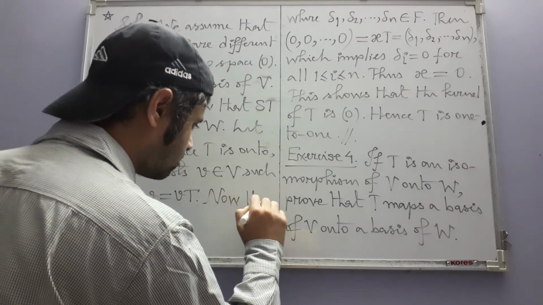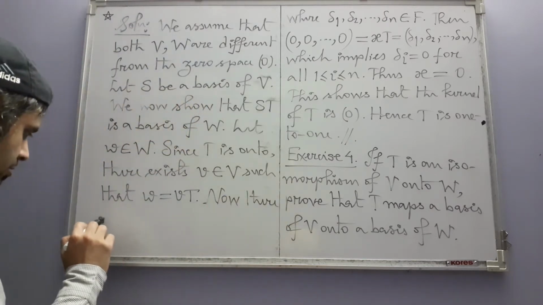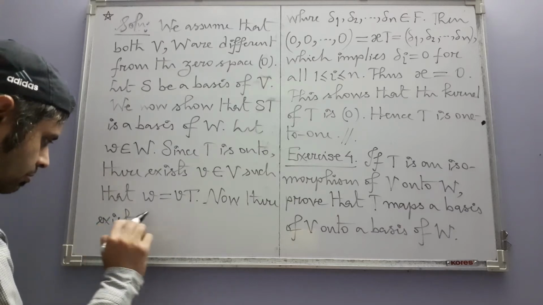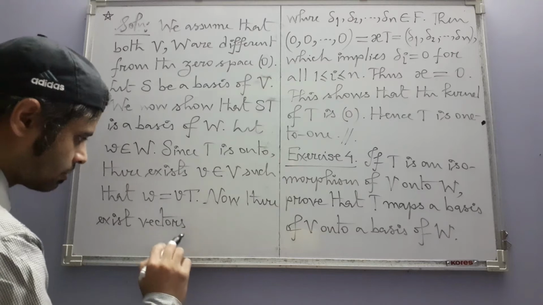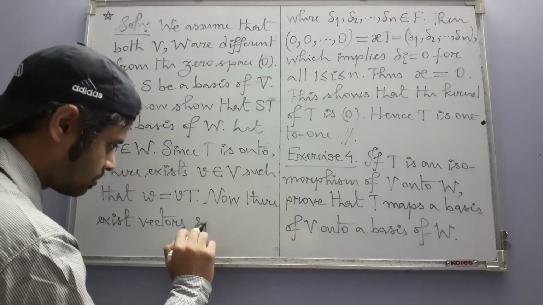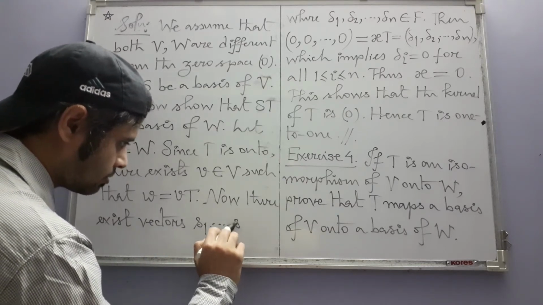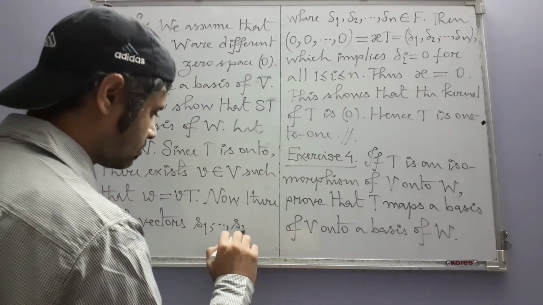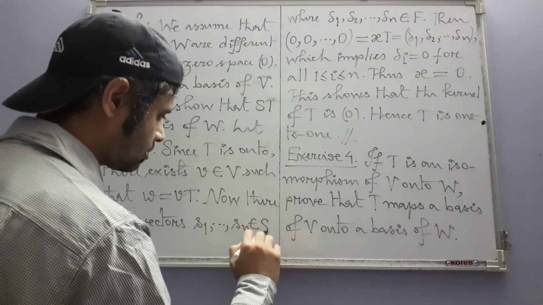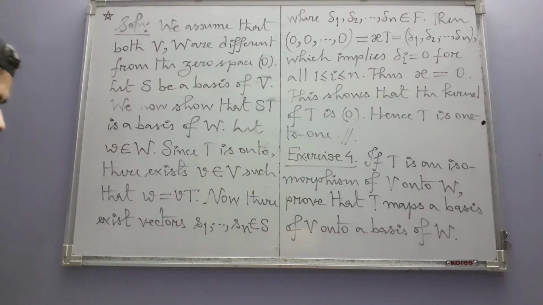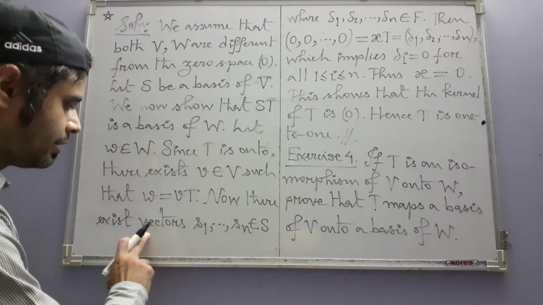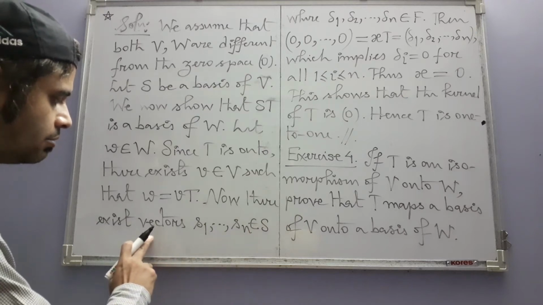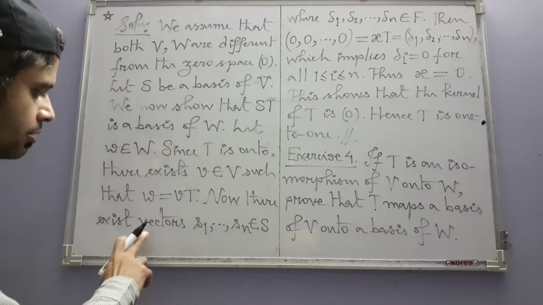Now, there exist vectors s1, s2, etc. How many we don't know, but some finite number of vectors. And one more thing, I am writing vectors, scalars. There is no actual need to use these words.